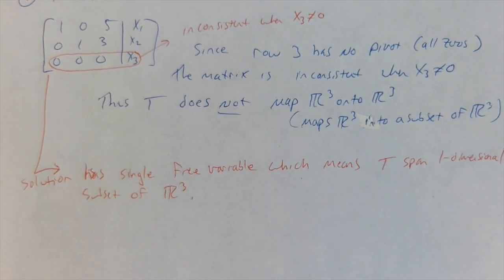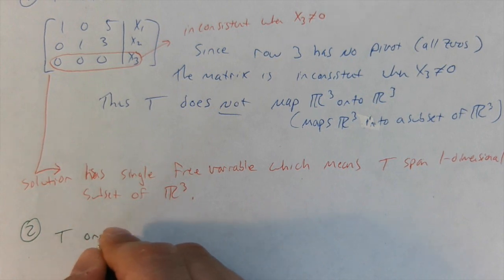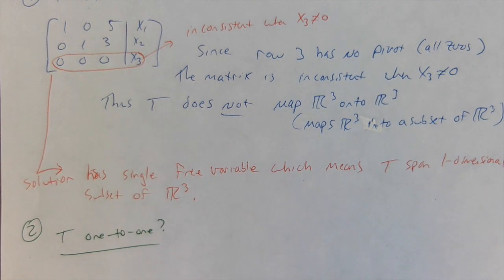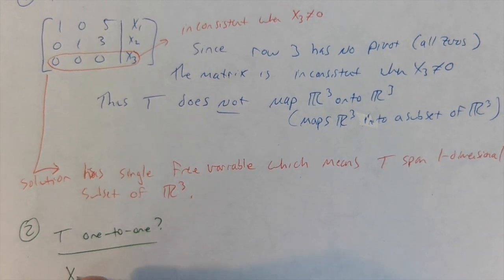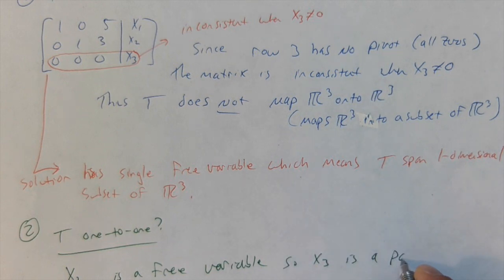So let me finish that last part. Is T one-to-one? x3 is a free variable, so no. And I'm going to write down a little bit more just to clarify it. x3 is a free variable, so x3 is a parameter in the solution.